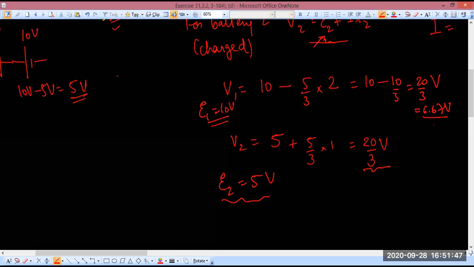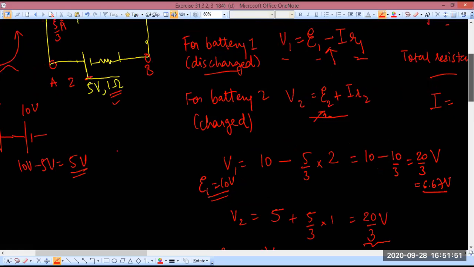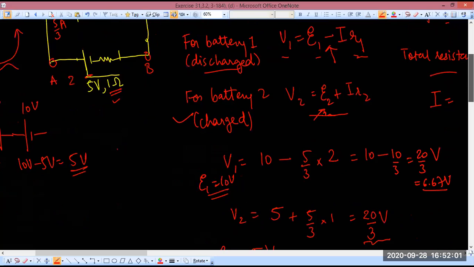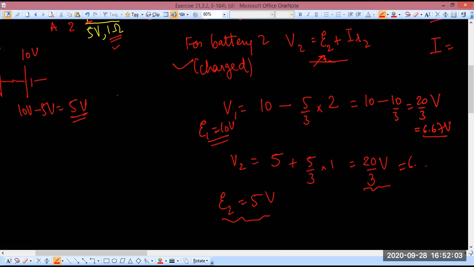The reason is that this battery is getting charged. That's not a surprise actually. This is 6.67 again, which is bigger than 5, because this second battery is getting charged.